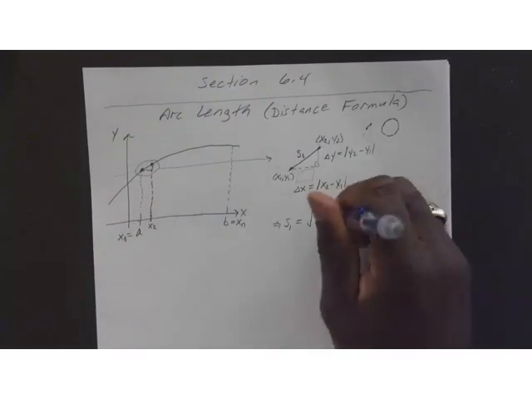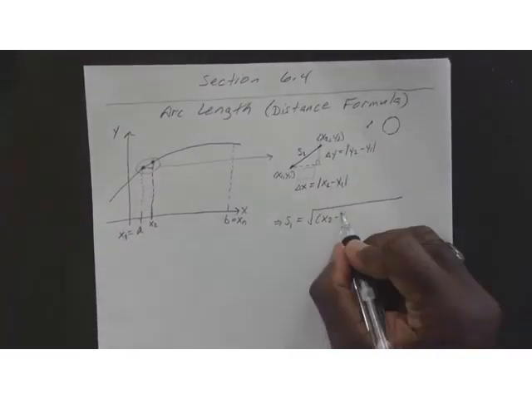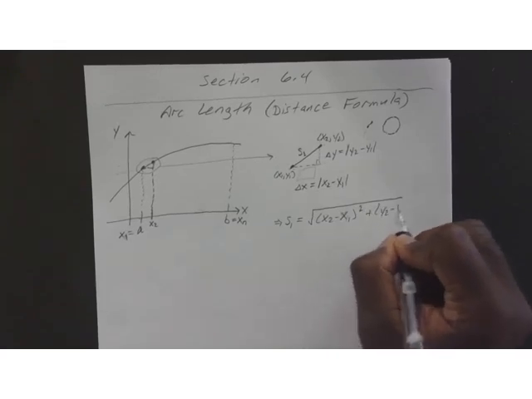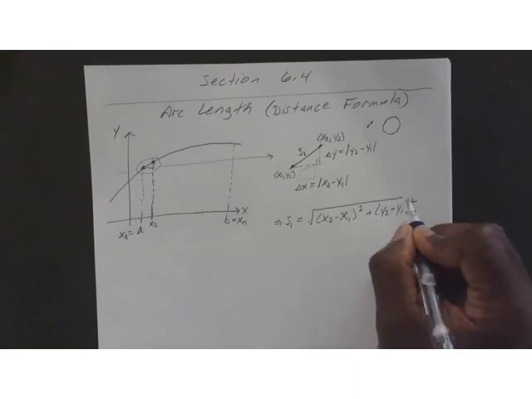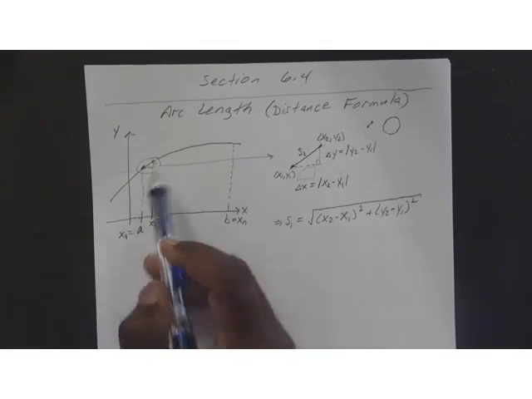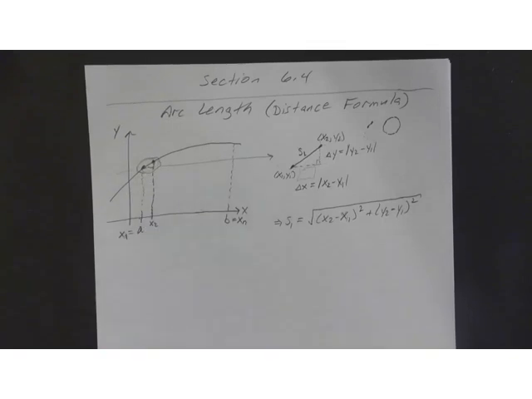Give that a little more room so it can look a little neater. There we go. Plus y2 minus y1 squared. Okay. So that works out fine and dandy for that one little line there.